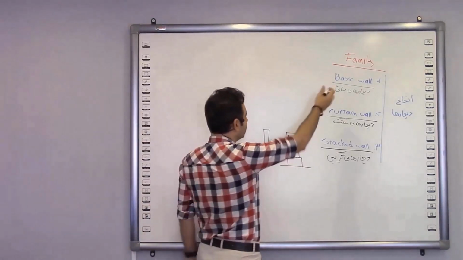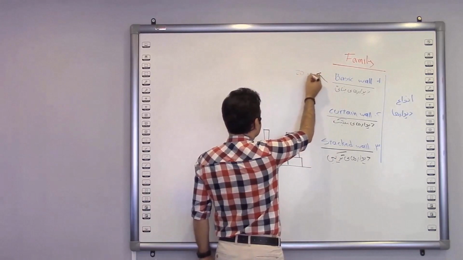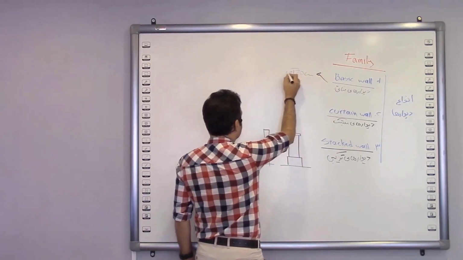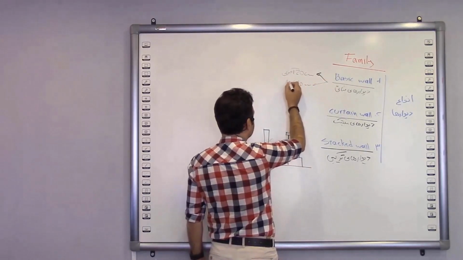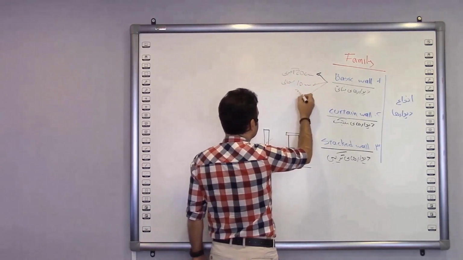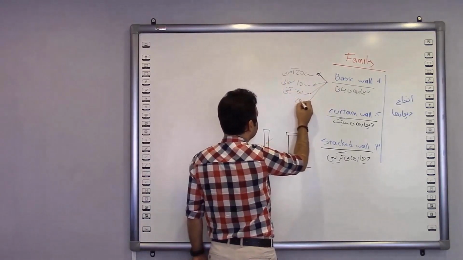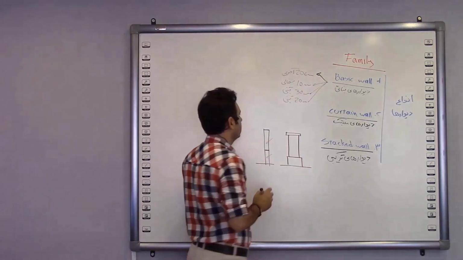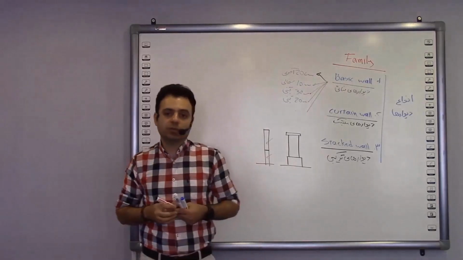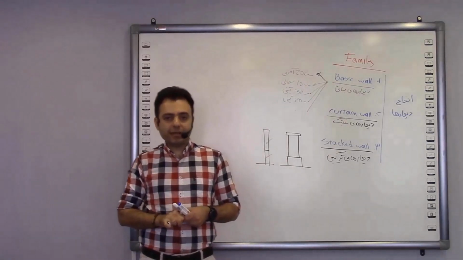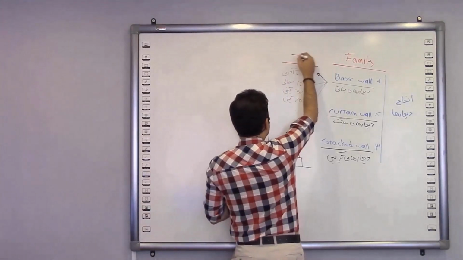Now, basic walls. For example, we have 20 centimeter brick walls. Or for example, we have 10 centimeter pottery walls. Or 30 centimeter concrete walls. Or even 20 centimeter concrete walls. And a lot more. Now, what are these called? These smaller parts of, for example, basic wall are called type.